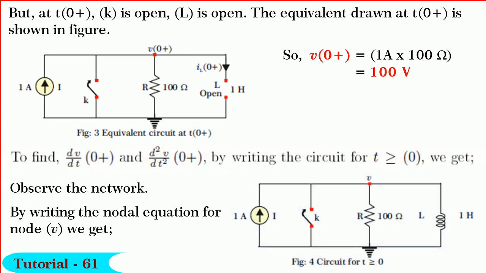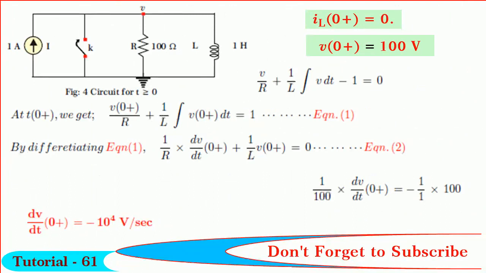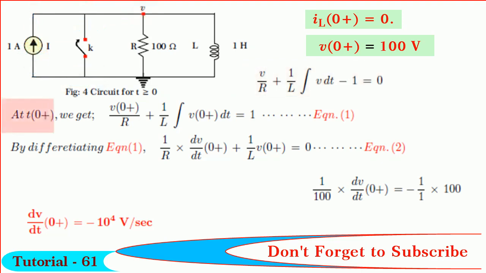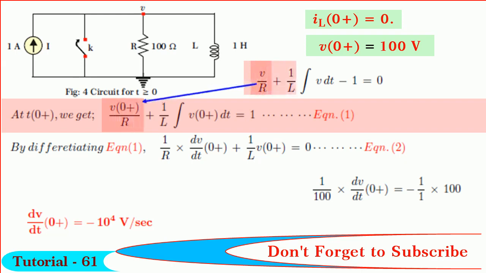Observe the network. By writing the nodal equation for node V, we get V divided by R plus 1 upon L into integration V dt minus 1 is equal to 0. At t is equal to 0 plus, we have V0 plus divided by R plus 1 upon L into integration V0 plus dt is equal to 1.